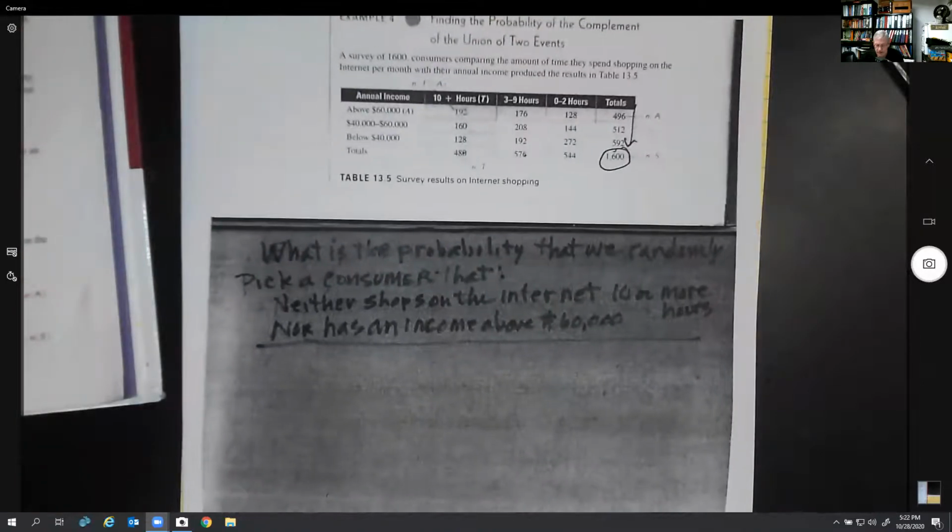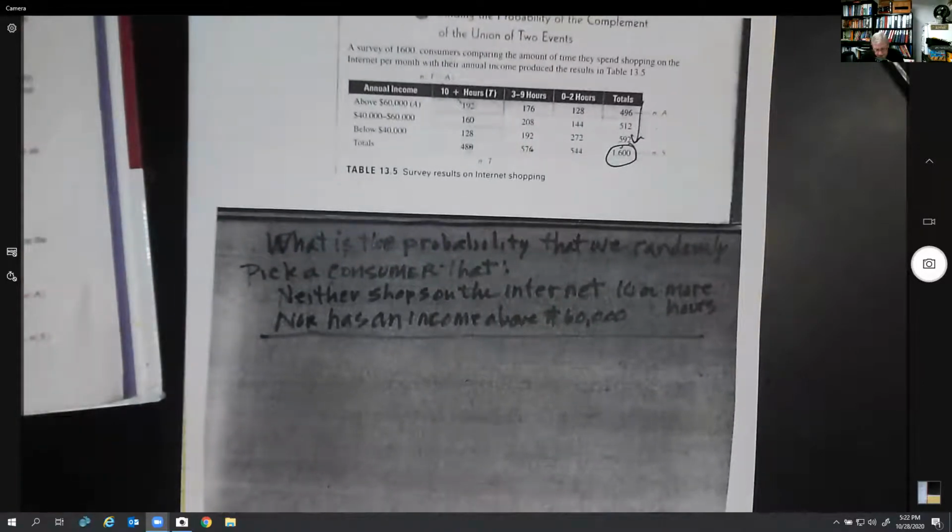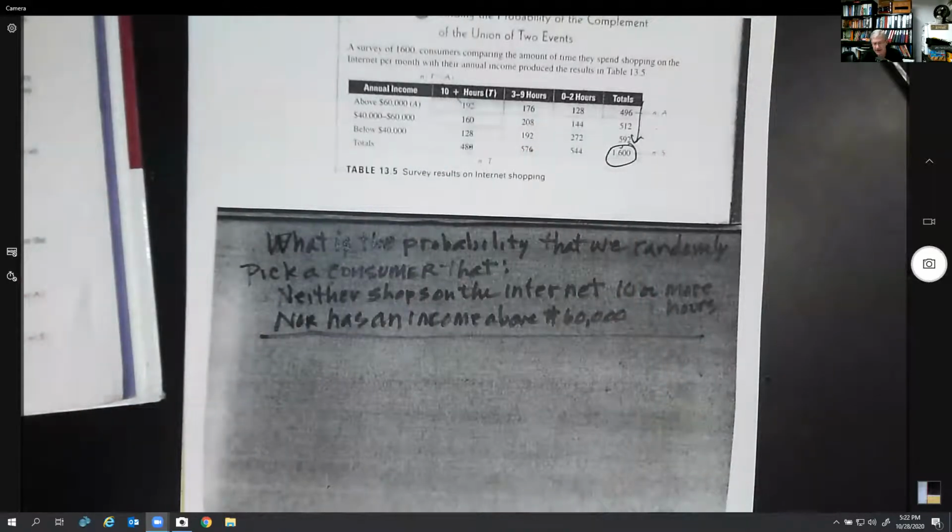They don't do either of those things. They don't make over 60,000, and they don't go on the internet 10 or more hours. So how could we even do this? Sounds kind of tough, doesn't it?